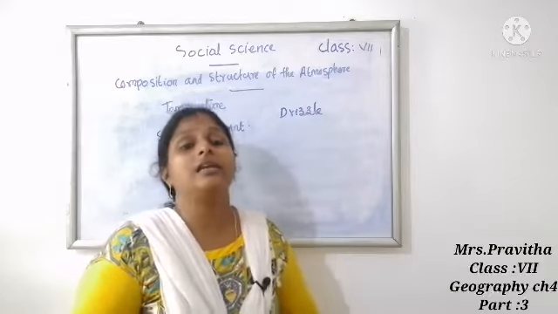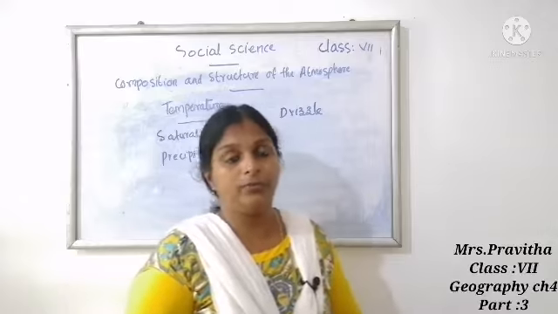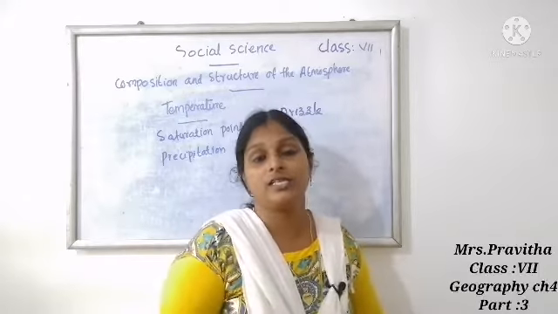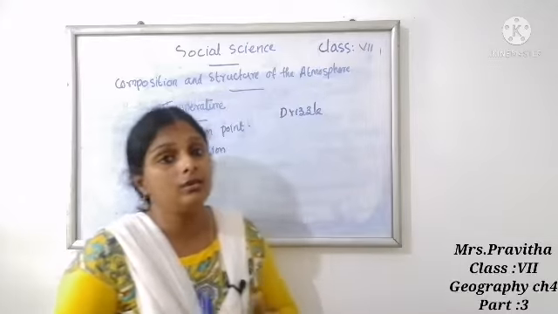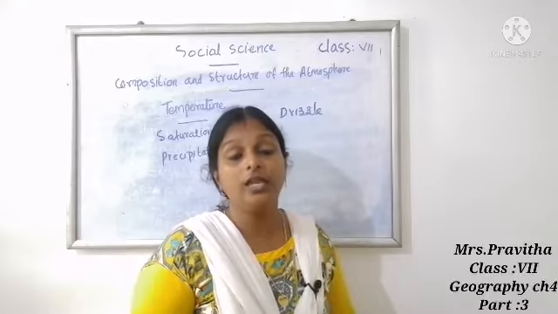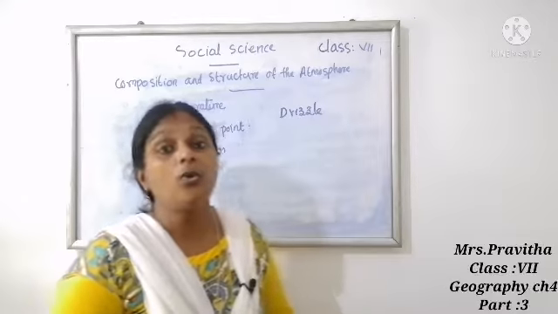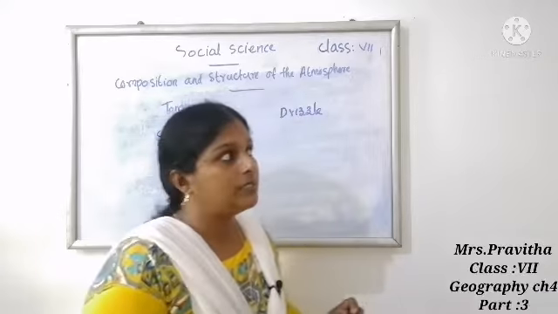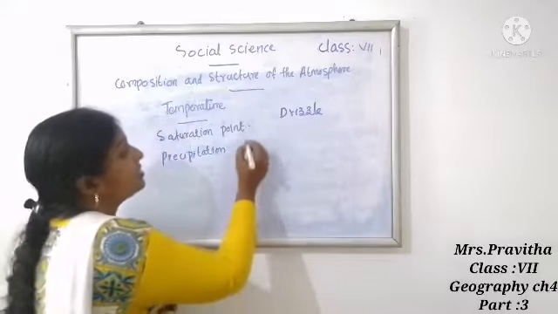Rainfall is mainly classified into three. An instrument is used to measure rainfall, that is known as rain gauge. Rainfall is mainly classified into three: convectional rainfall, orographic rainfall and cyclonic rainfall. So which are the three types of rainfall?